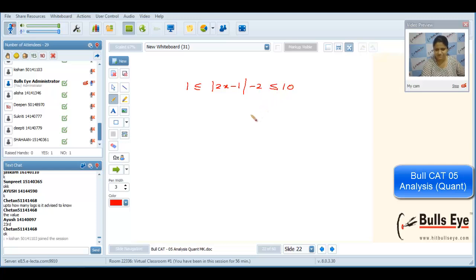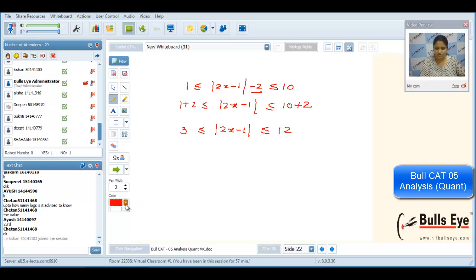I think that was a statement. We want to find all the integral solutions for this. First of all, you take this 2, add 2 to the whole inequality. We don't have any shortcut for this. It will give you this.